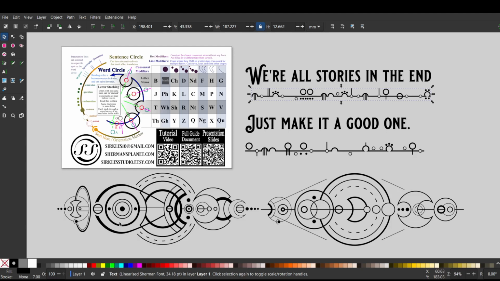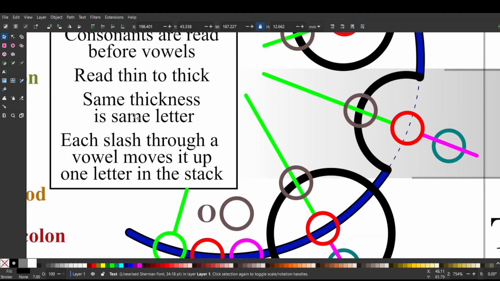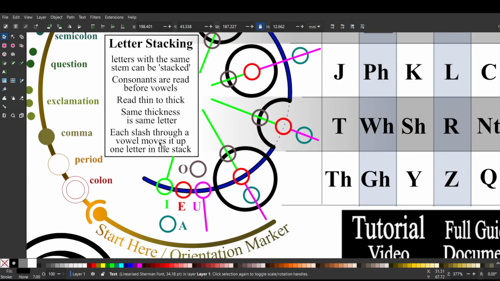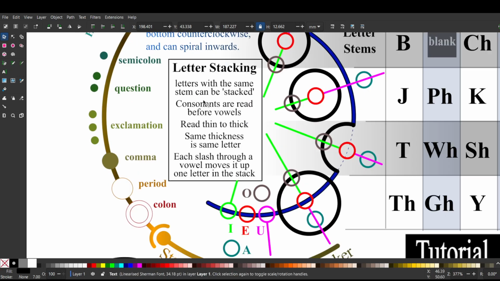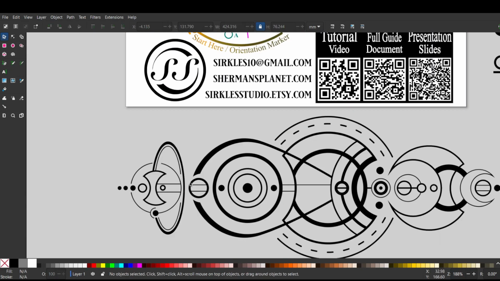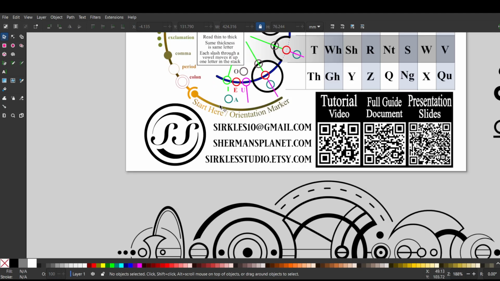Then we have this word. So, bottom of the circle is here. We go counterclockwise. There's actually just 1 letter stack in this. So, we have these double lines, and a double line, same letter, is same thickness. And you read, if there's a vowel, it is read after the consonant. So consonants are read before vowels. And this vowel has 2 slashes through it.